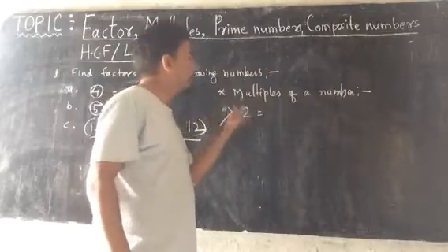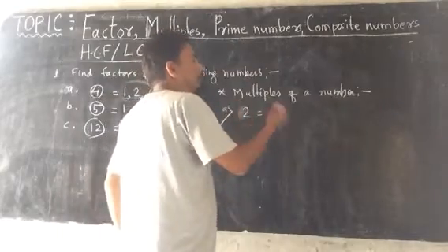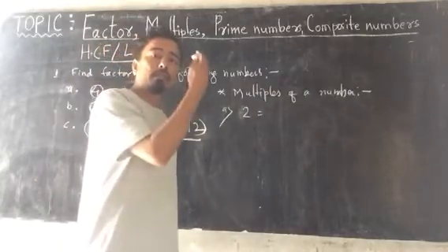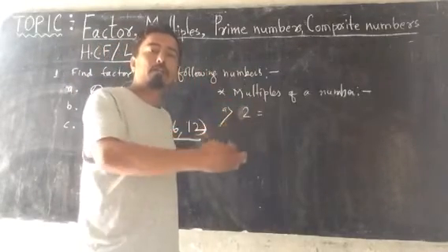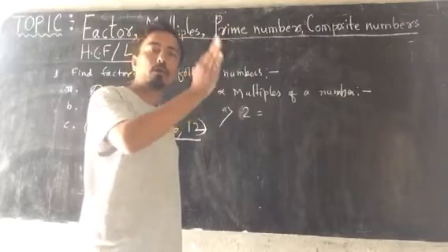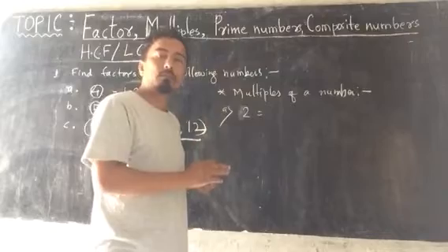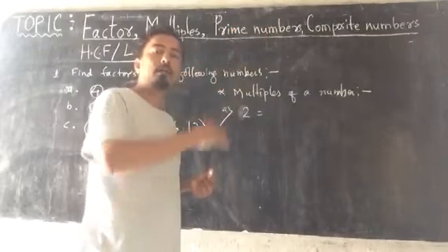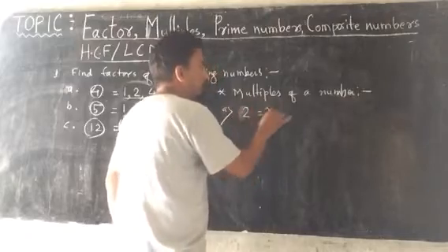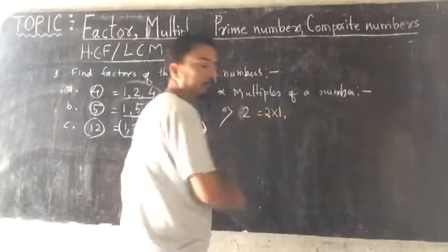Another way to find the multiples of any number: the given number must be multiplied by 1, 2, 3, 4 in a proper order. If you multiply the given number like this, you keep on getting the multiples of this number. To get the first multiple, you multiply 2 by 1.